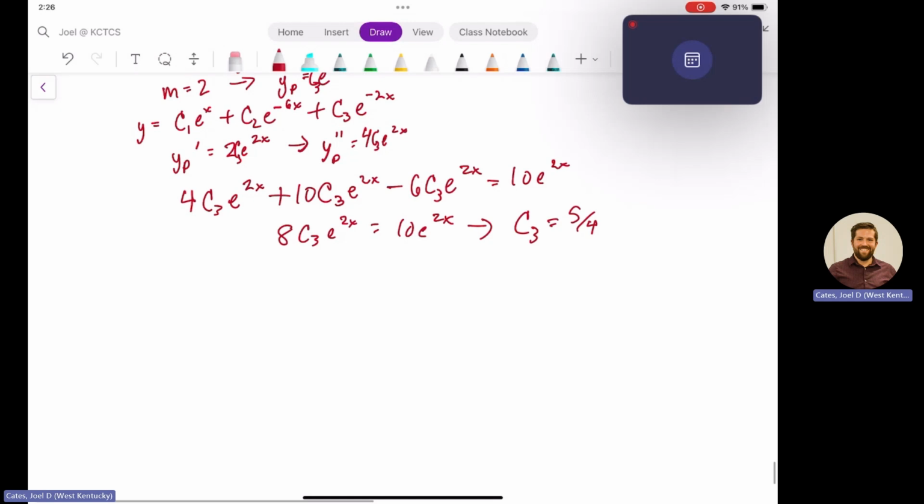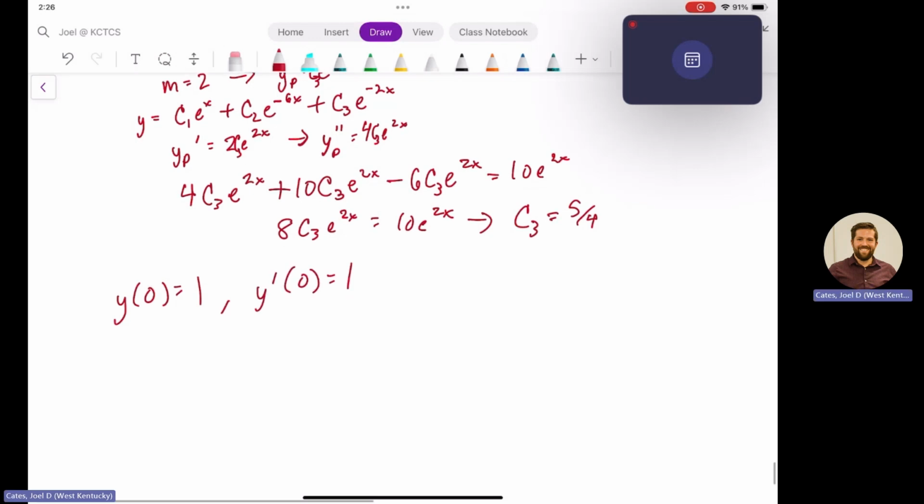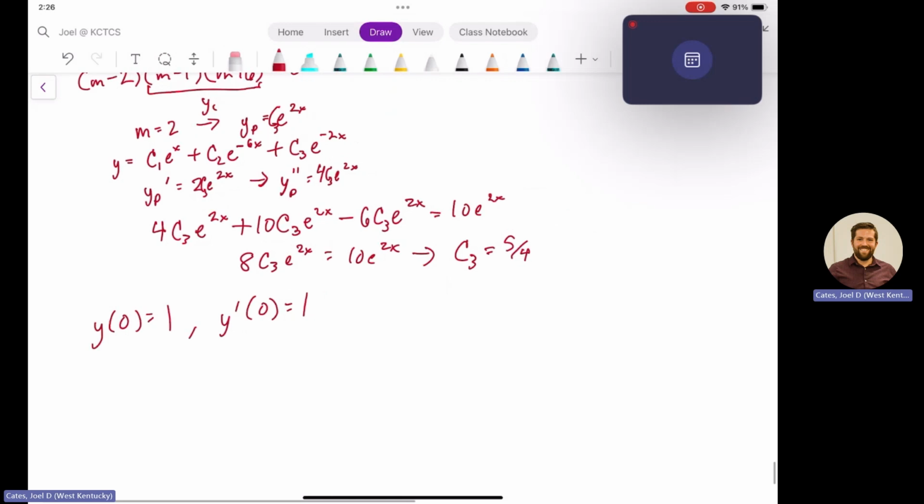Now let's use the fact that y of 0 is 1 and y prime of 0 is 1. If I go back to my original, right now what I know is I have y is equal to c sub 1 e to the x plus c sub 2 e to the minus 6x plus 5/4 of e to the 2x.